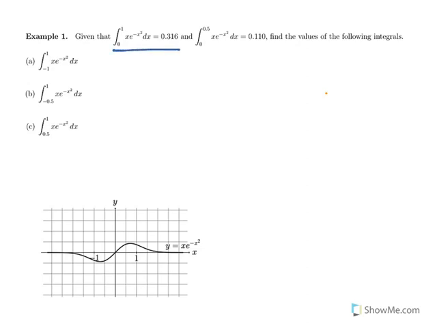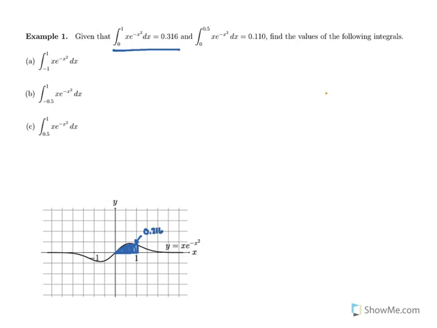We start with the fact that the integral from 0 to 1 of x e to the negative x squared is 0.316. So in the picture, this is going to be the area under the curve from 0 to 1. This area is equal to 0.316.